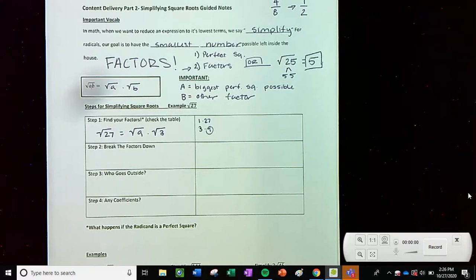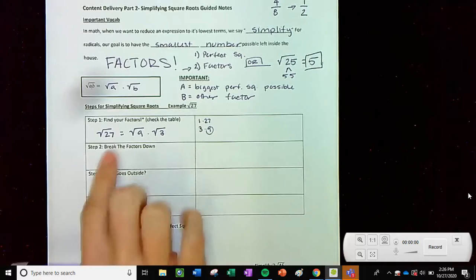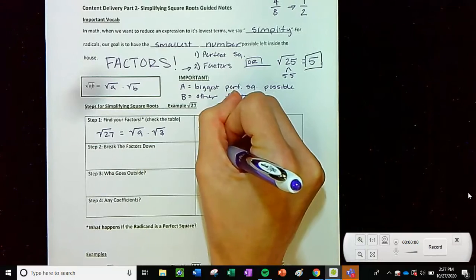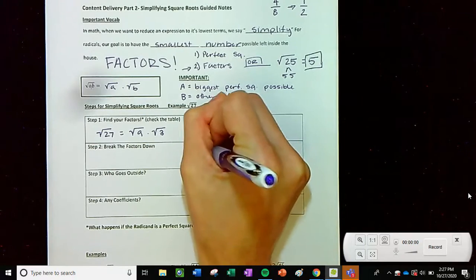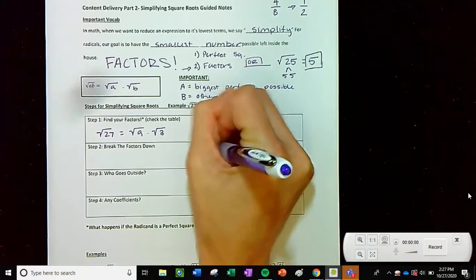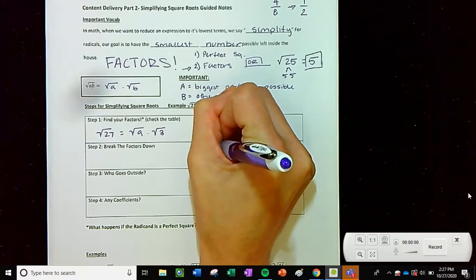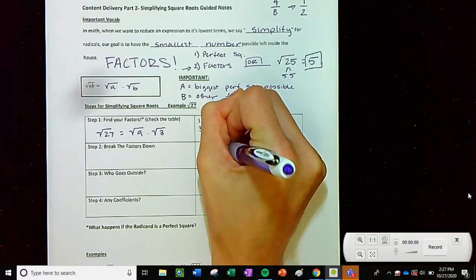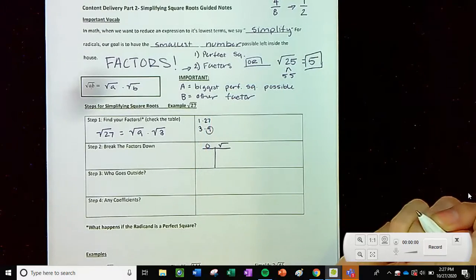Okay? So now I like to use a little table, like a little chart, for breaking these things down, because we're going to keep going with this factor idea. I'm going to organize a little chart, and one side is going to be the side that comes out, and one side is going to be the side that stays in the radical.